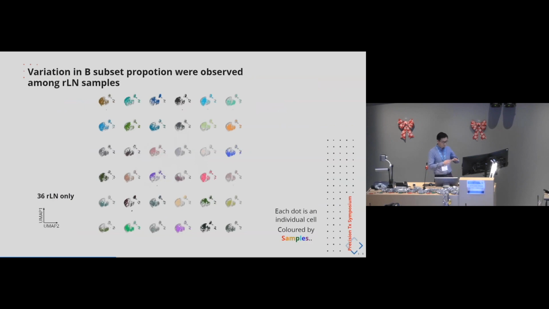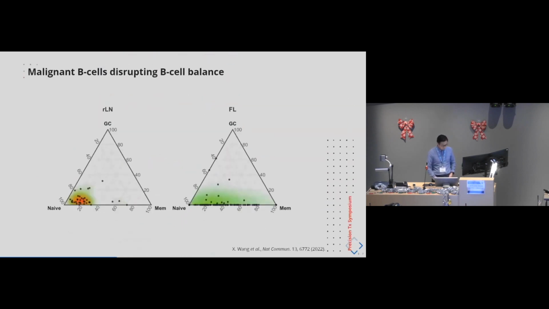When we plot these reactive lymph node cells individually for the 36 patients, we can see the cells don't really move out of this normal trajectory or normal boundary. But the difference is that the composition of these cells changes from sample to sample. To measure this quantitatively, we use a ternary plot.